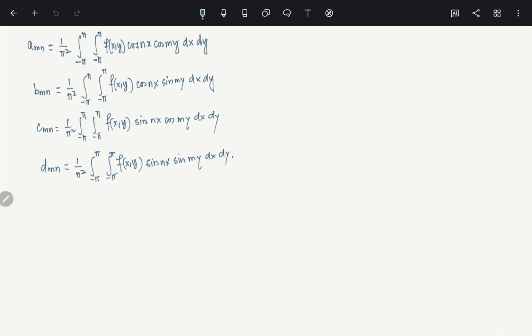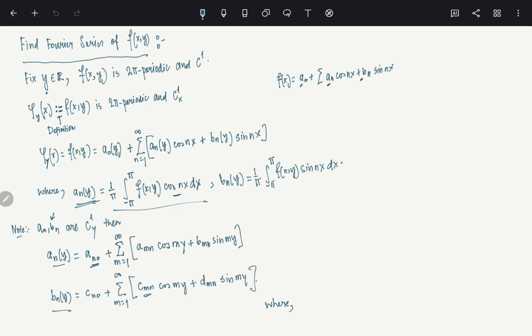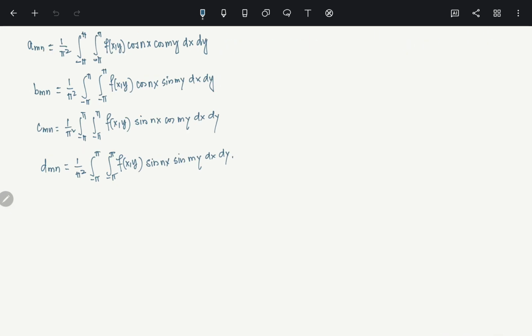Now if we substitute all this in our equation, which we wrote earlier, let's call it equation 1, what do we get?